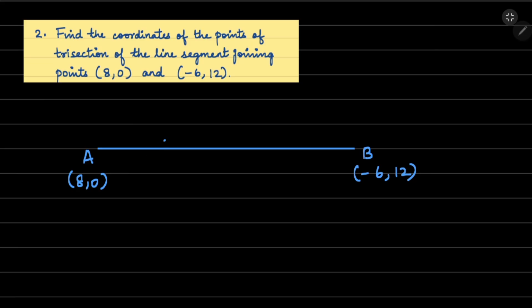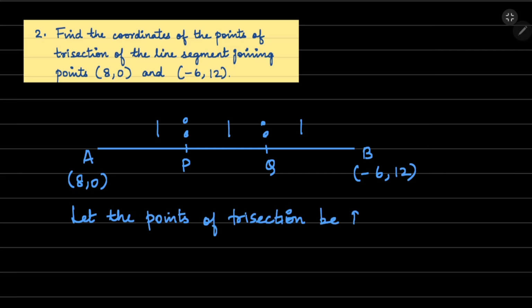So let one of the points be P, and the other point be Q. Also, trisection means all the 3 parts are divided in the same ratio, that is 1:1, equally. Right? So you can just write, let the points of trisection be P and Q respectively, such that AP equal to PQ equal to QB.